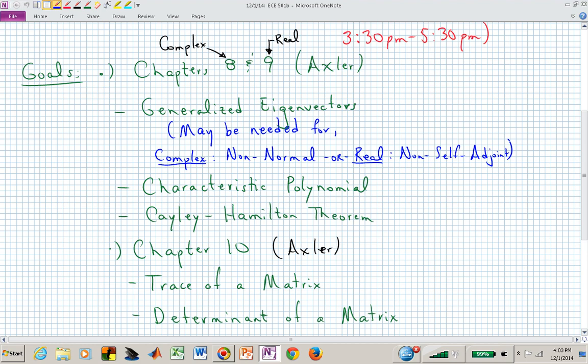Today what I want to do is cover generalized eigenvectors, which we like eigenvectors because they make our matrix representation nice, which really means we have diagonal or block diagonal matrix representations of these linear operators. That really only is available when we have normal operators in a complex vector space, or if we have self-adjoint operators in a real space.